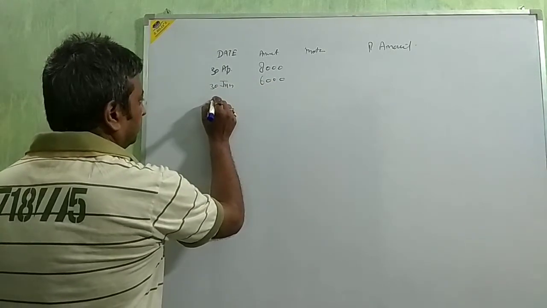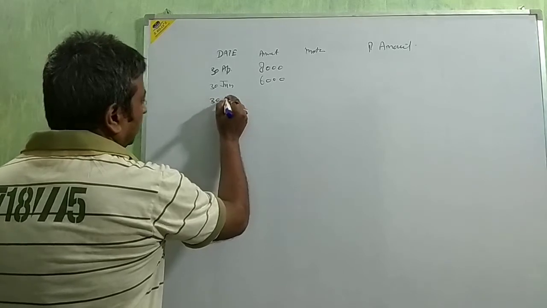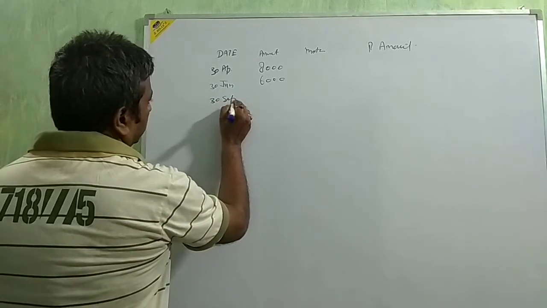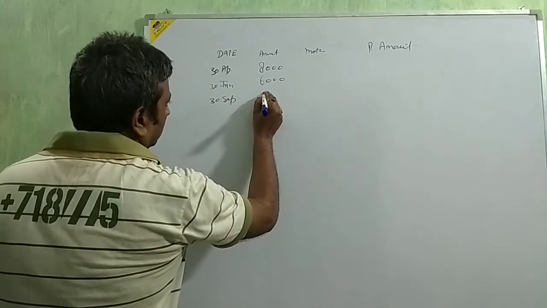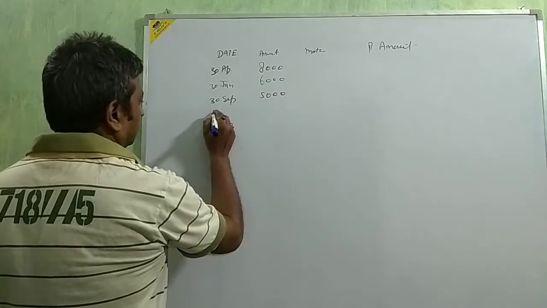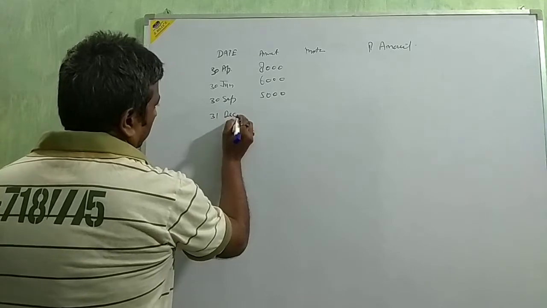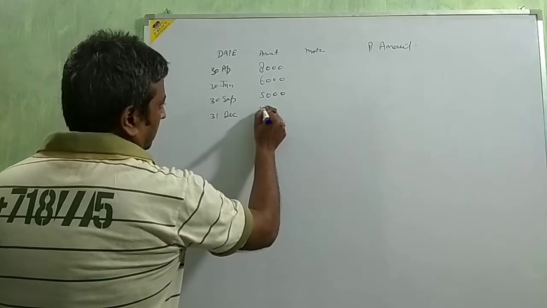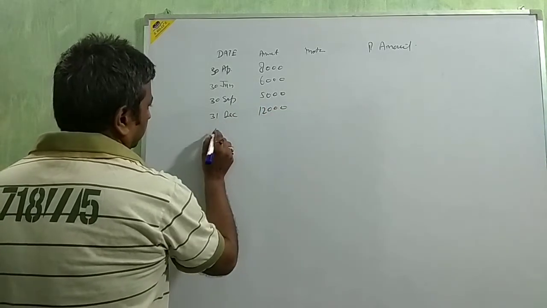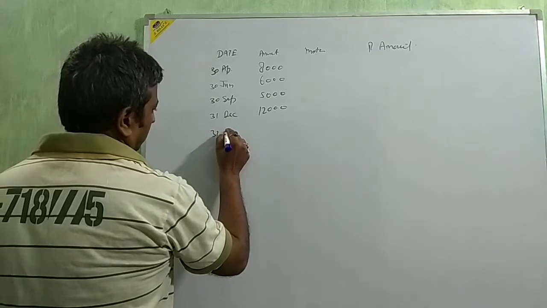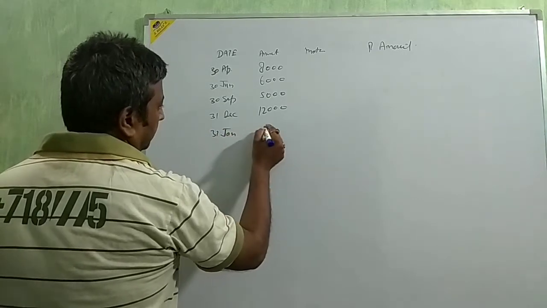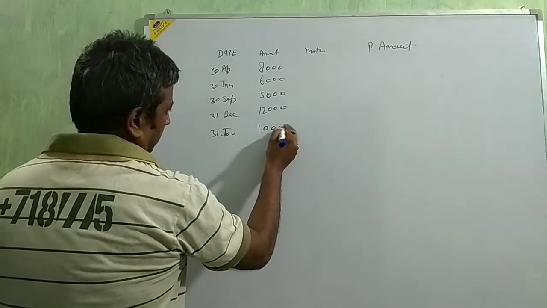Okay, then? 30th September, amount 5,000. Then next? 31st December, 12,000. Next? 31st January, 10,000. Next?